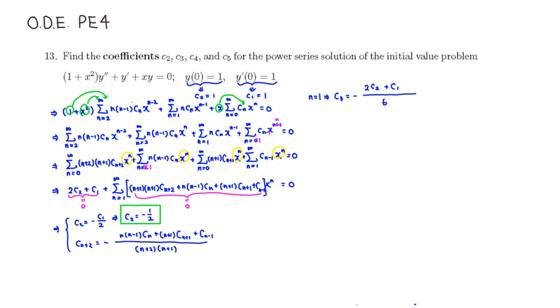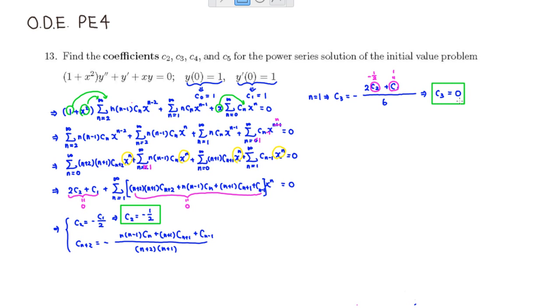We know C2 is negative 1/2 and C0 is 1. So 2 times negative 1/2 is negative 1, plus 1 is 0. So this gives us the C3 value, which happens to be 0.